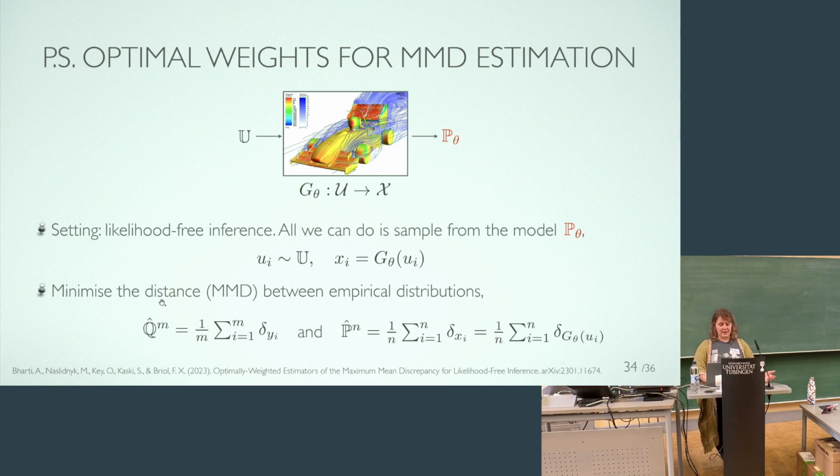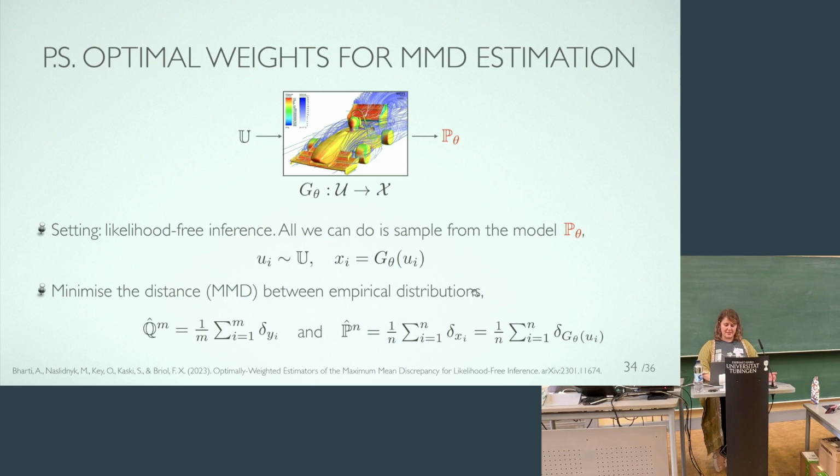And then a common way to optimize theta is to minimize a notion of distance, MMD being the common distance. I know that I haven't gone into what MMD is, but it's also in a similar sense a distance between embeddings of distributions.